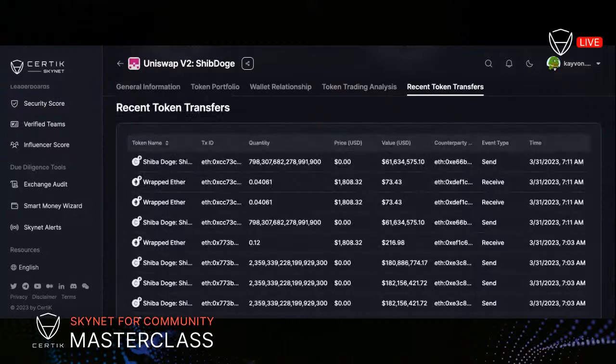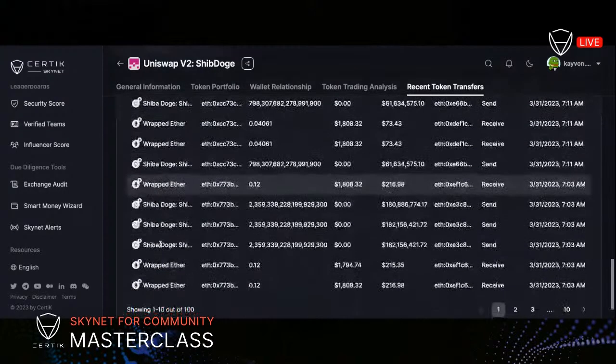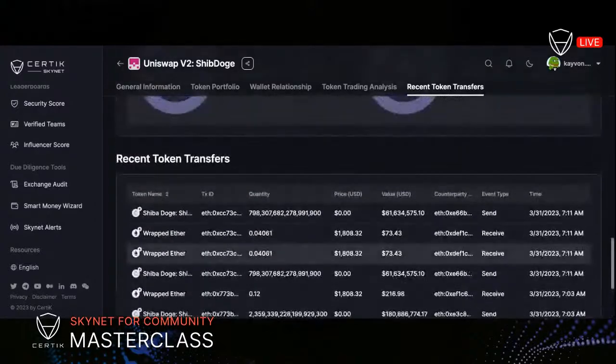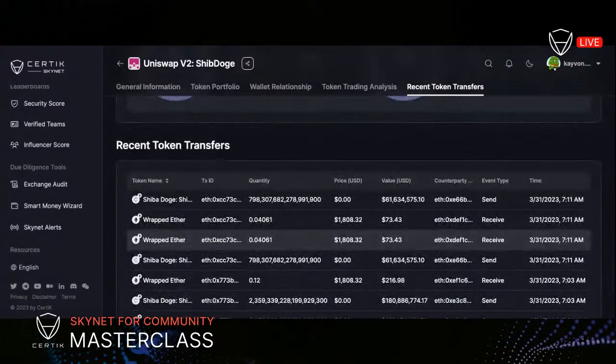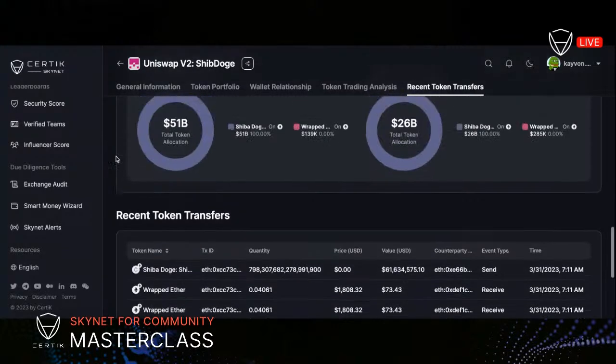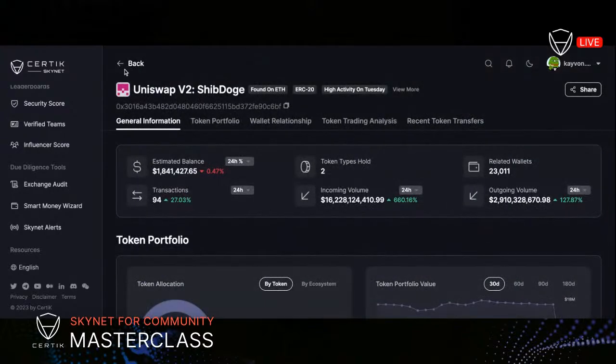So if you really want to monitor a particular wallet, you can see recently, in the last 24 hours, where has it been sending money to? How much money has it been sending? So again, a much easier way of visualizing all the key information without having to dig through all of the Uniswap difficulties and complexities of information to understand something about a wallet.